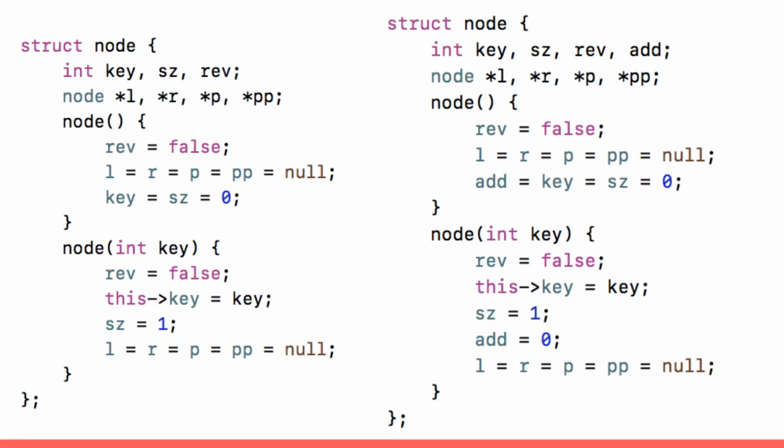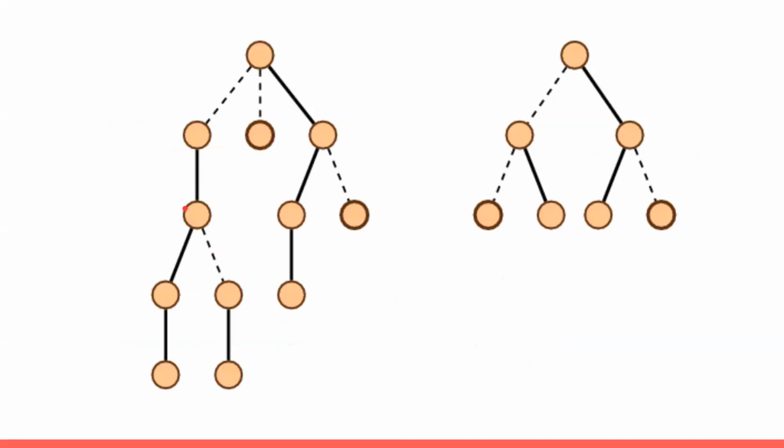Add for some vertex will be the number of elements in the subtrees with which it has a light edge. For example, for this vertex, we should have two, because we have this vertex and this vertex.